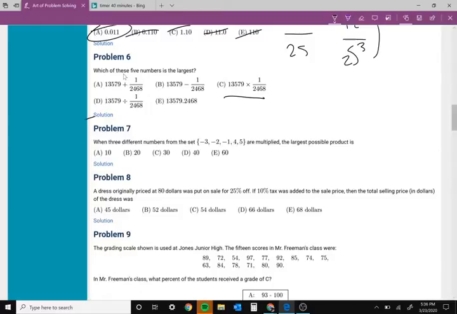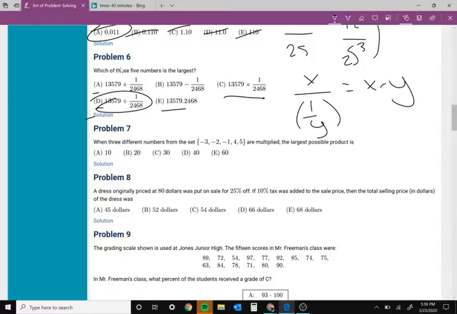Because this one you're adding, however, this one you're dividing by it. When you divide by a fraction, x over 1 over y, it's the same thing as x times y. So you're getting 13,579 times 2,468, which is the biggest. This other one is much smaller.